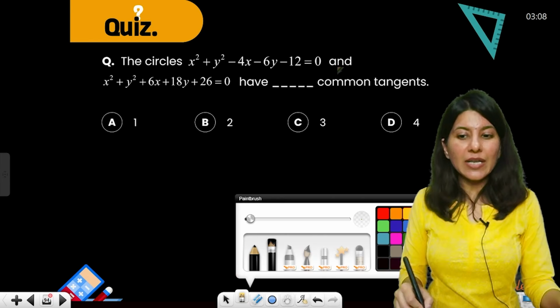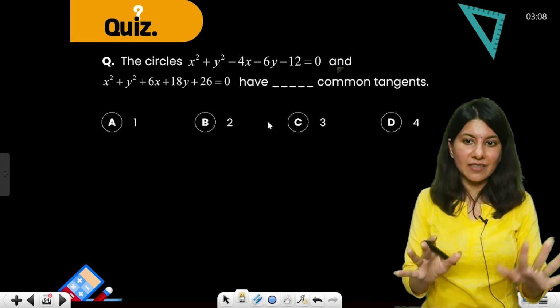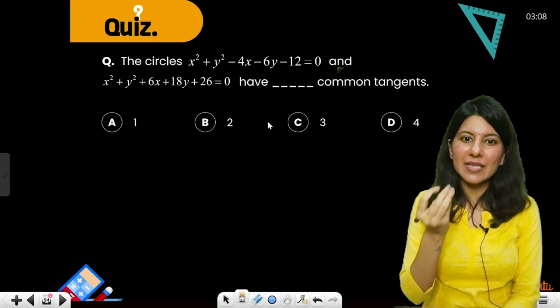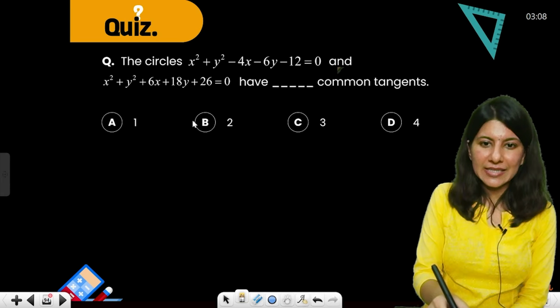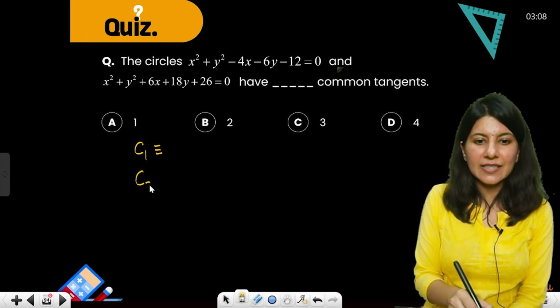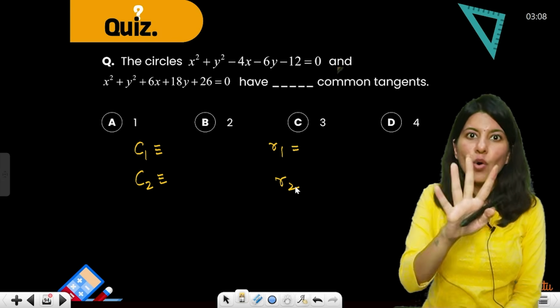Now, if two circles are given directly, you cannot visualize them, so you have to apply some conditions. First of all, calculate C1 center and C2 center, then R1 radius and R2 radius. 4 things you have to do.